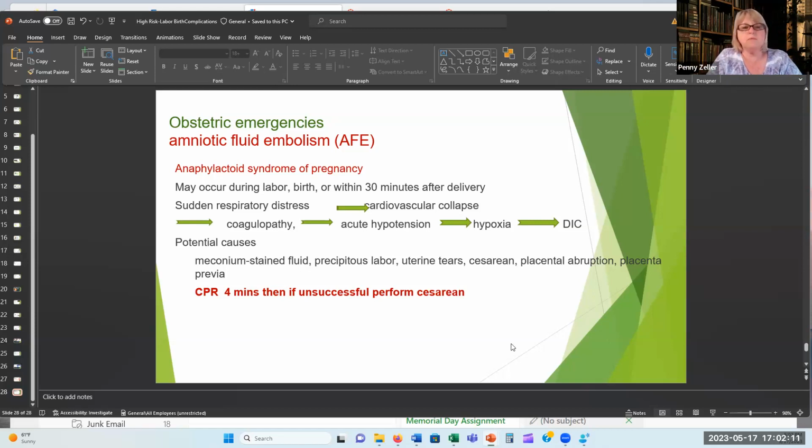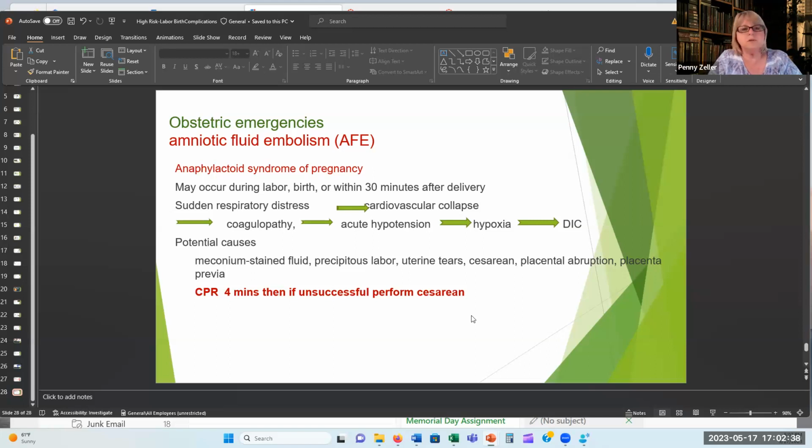So the lungs are blocked off, or at least a major portion of them are, and they can't breathe. So it's an emergency. Sudden respiratory distress, dyspnea, cardiovascular collapse, coagulopathy, which is clotting everywhere like DIC, acute hypotension, obviously, hypoxia.